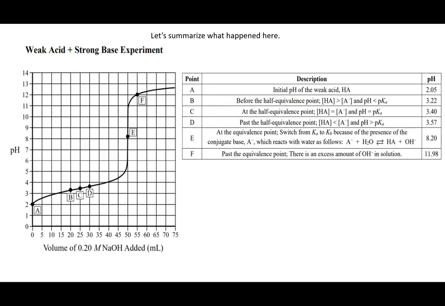Now, let's take a look at what has happened. If we graph all 6 of these points, over here on the left, I've got my graph with pH on the y-axis and the volume of sodium hydroxide added on the x-axis.